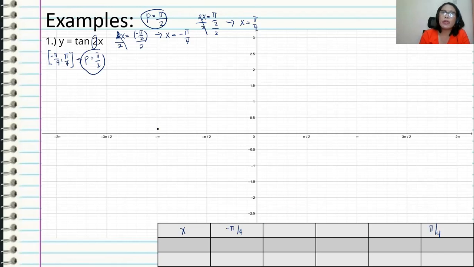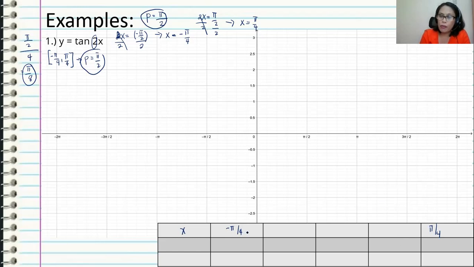And how do we do that? So previously with sine and cosine, we divide one period by 4 because we want to divide this into 4 equal parts. So the period here is pi over 2. So we will divide this pi over 2 by 4. So we got pi over 8. Meaning we will be adding pi over 8 cumulatively from negative pi over 4 until we reach pi over 4.